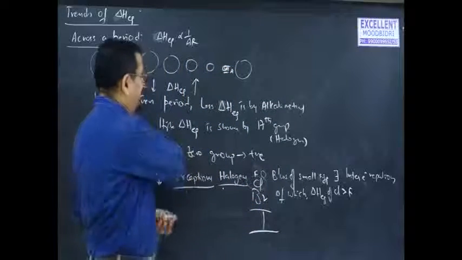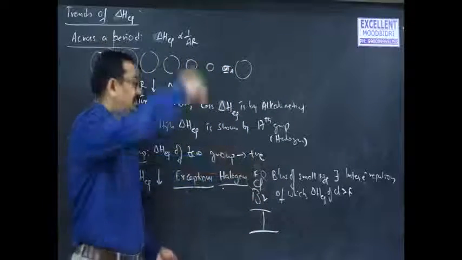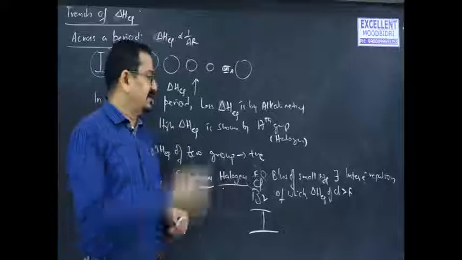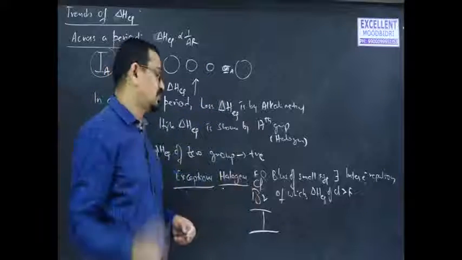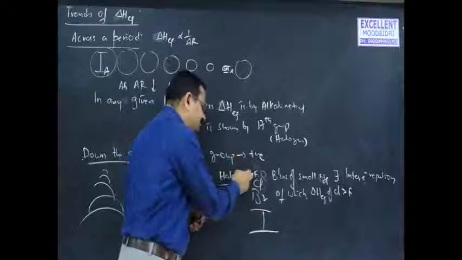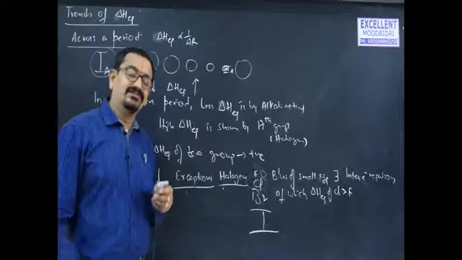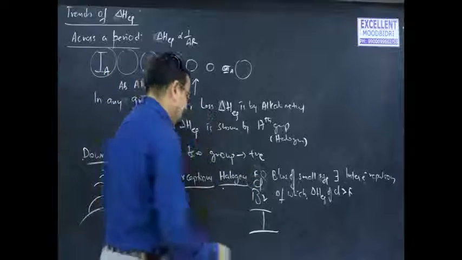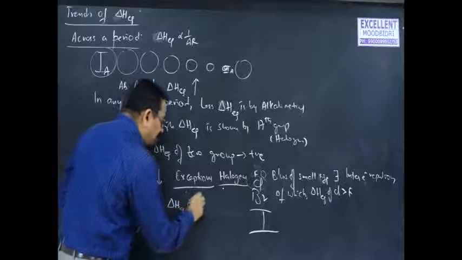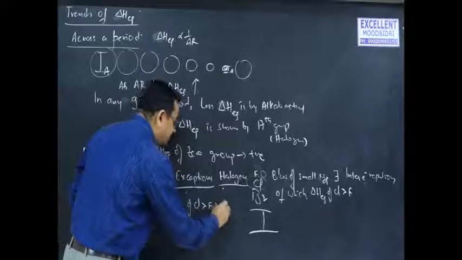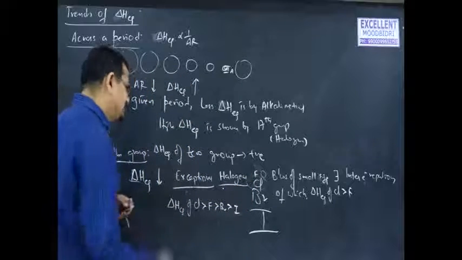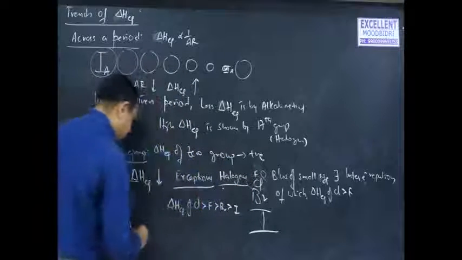Among all elements of the periodic table, 17th group elements show the highest electron gain enthalpy in any given period. Among 17th group elements, instead of the expected smaller one, high electron gain enthalpy is shown by chlorine. So, electron gain enthalpy of chlorine is greater than fluorine, greater than bromine, greater than iodine. This is the sequence.